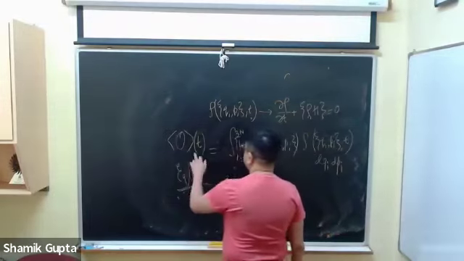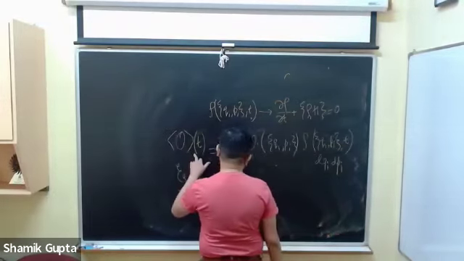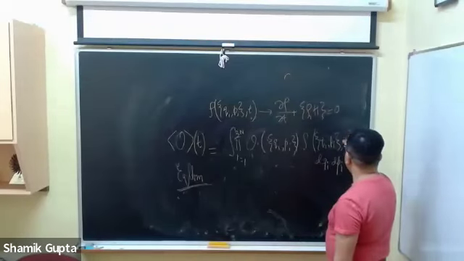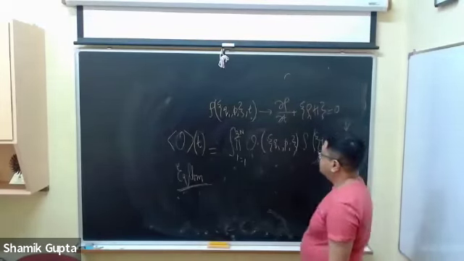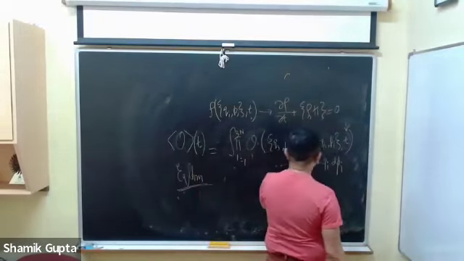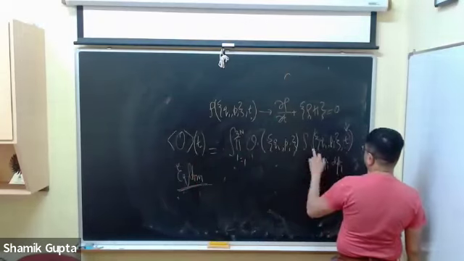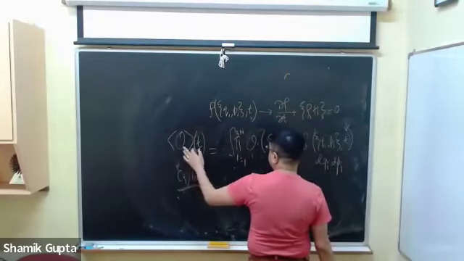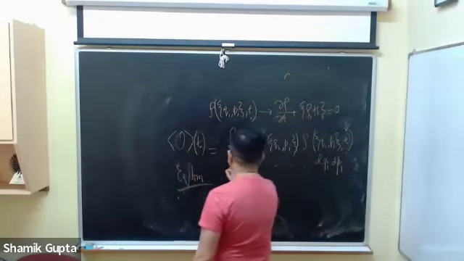If I want to make the left-hand side time-independent, the only time dependence that appears is here. So in equilibrium, somehow I have to make rho time independent, because then the macroscopic observable will also have a time-independent value.